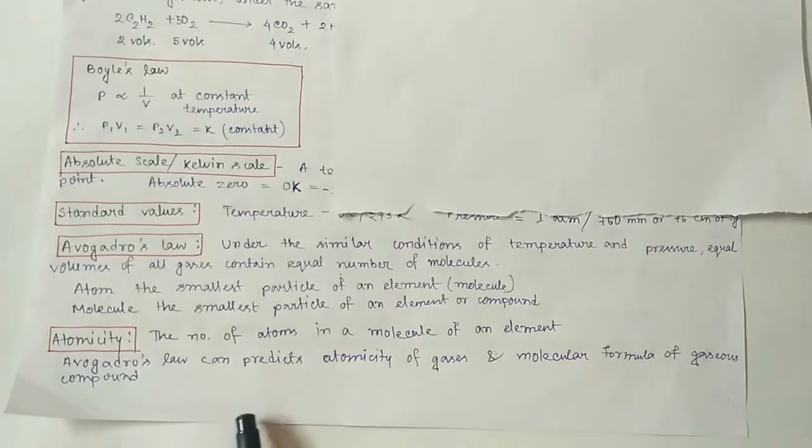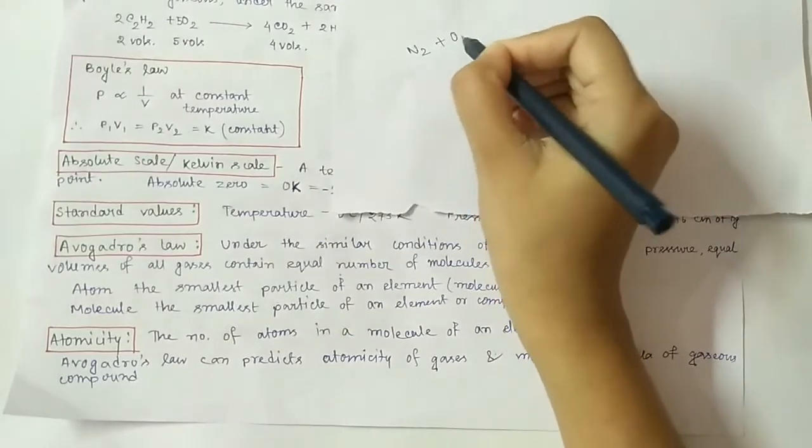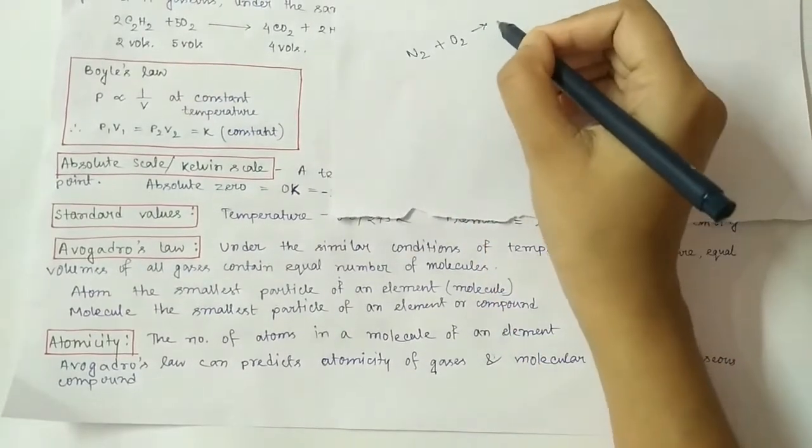Now, Avogadro's law can predict the atomicity of gases and the molecular formula of gaseous compounds. But how does it predict the atomicity of gases? Let's take an example of nitrogen gas and O2 gas, which produce 2NO.